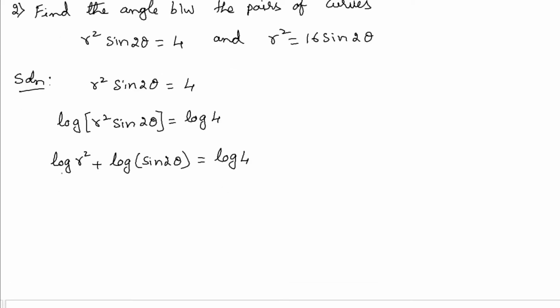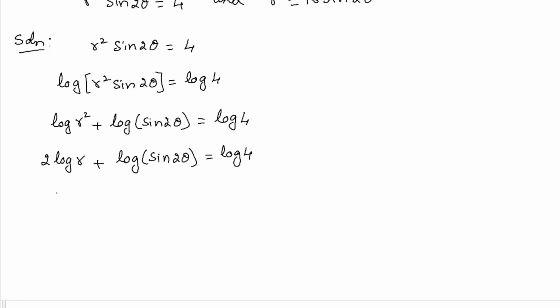Further using the property log m power n is n log of m, 2 will come down, so it becomes 2 log of r plus log of sine 2 theta is equal to log of 4. Now let us try to differentiate this with respect to theta.